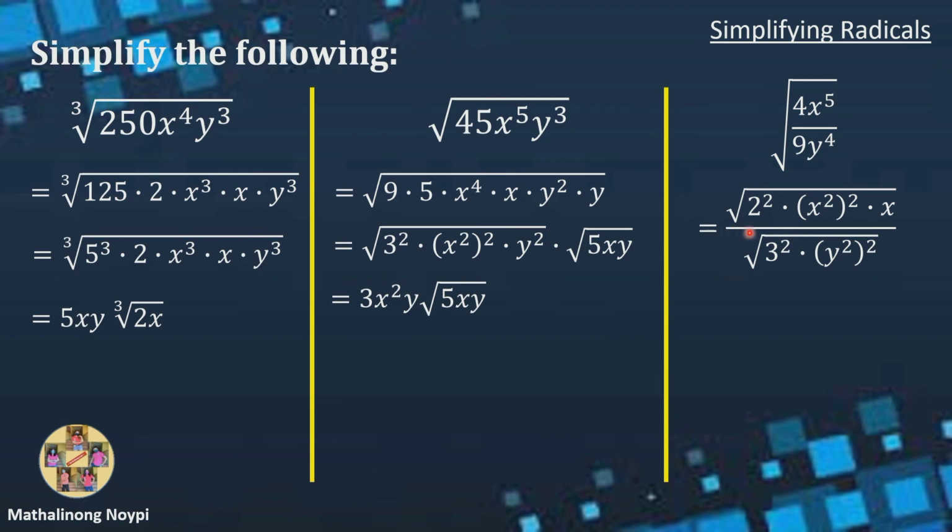We have 2 squared, that is 4, times the quantity of x squared times x, that is x raised to the 5th power, over the square root of 3 squared, that is 9, times the quantity of y squared. Okay? Then, the final answer will be 2x squared, square root of x, over 3y squared.